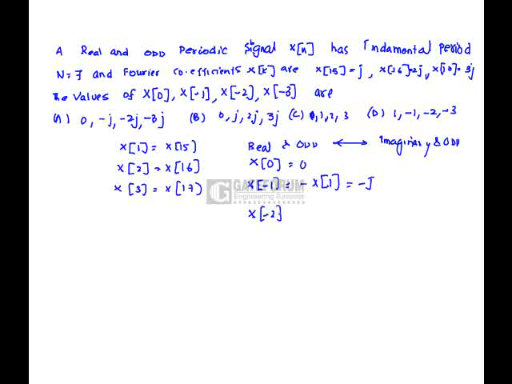X of minus 2 is equal to minus x of 2, which is minus 2j. X of minus 3 is minus x of 3, which is minus 3j. So from the given options, option A is the correct one.